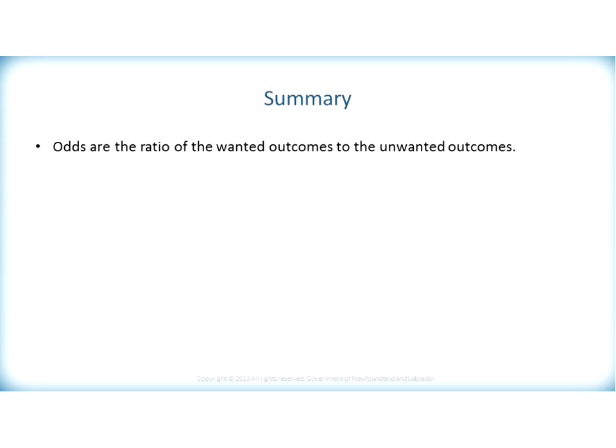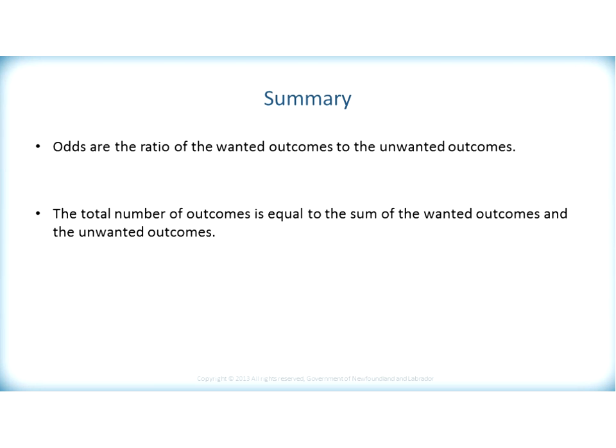Okay, so to summarize, again, odds are the ratio of wanted outcomes to the unwanted outcomes. And if we add together our wanted outcomes to our unwanted outcomes, that'll give us the total outcomes that are possible in any example.